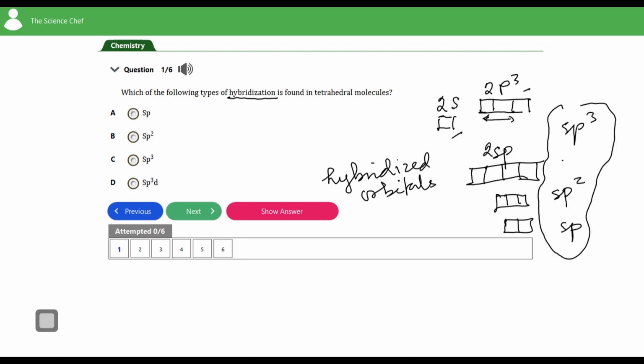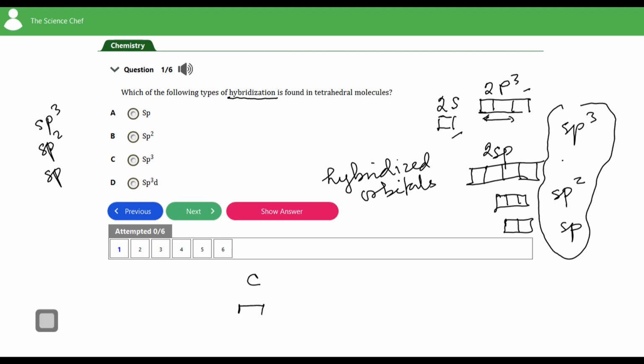Based on the JAMB syllabus, these are the three types of hybridization that you are expected to learn about: the sp3, the sp2, and the sp hybridization. Now when it comes to sp3 hybridization, since there are four orbitals here, we're always using carbon as a case study.